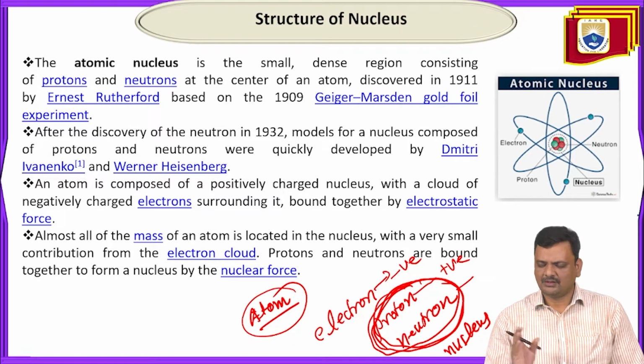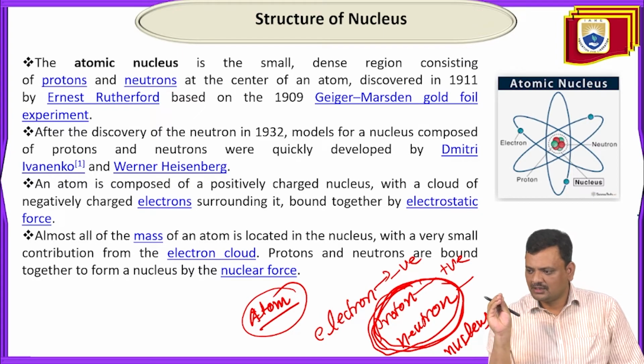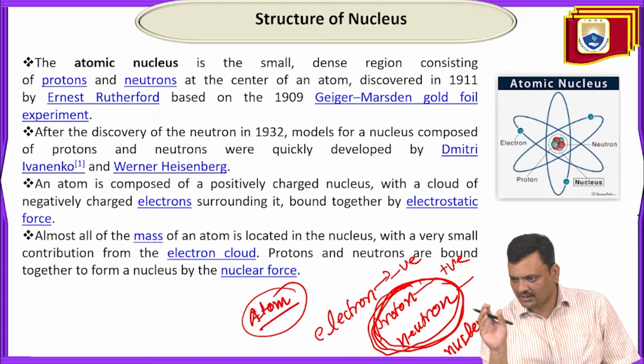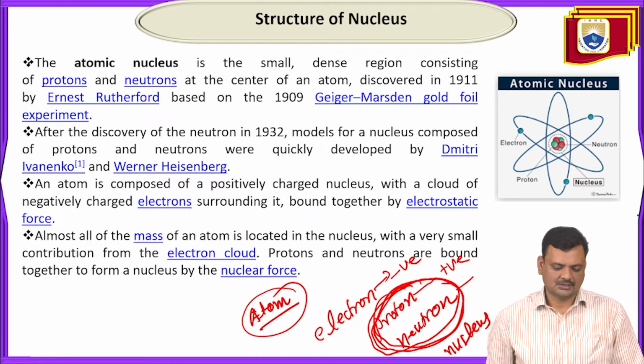Whatever the mass of the atom, most of it is contributed by the nucleus, meaning proton and neutron. The contribution of electron is very little.